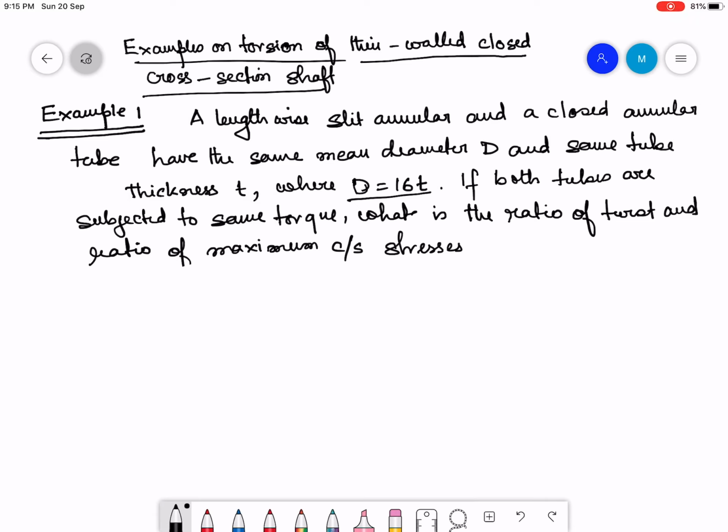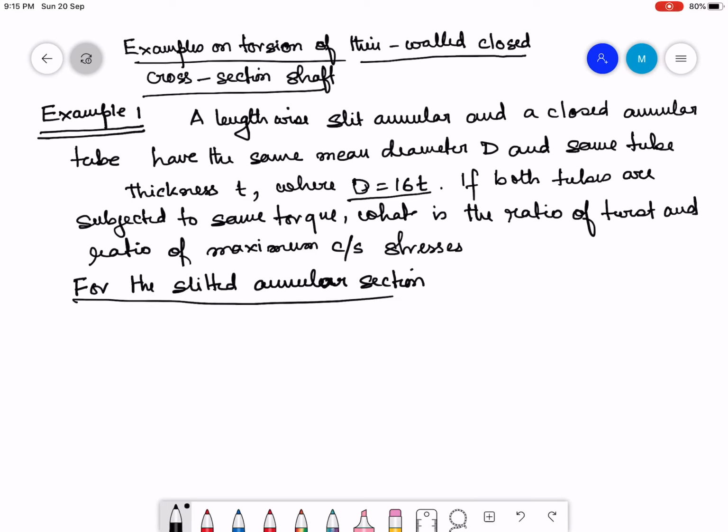So for the slitted annular section, the applied torque is same for both the tubes. So we have to find out both the parameters, that is the rate of twist and the maximum shear stress, in terms of the applied torque mt. Only then we can compare the two cases.